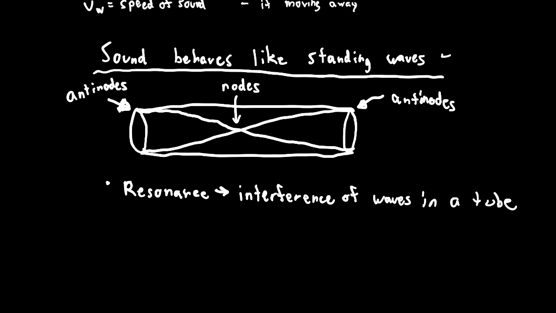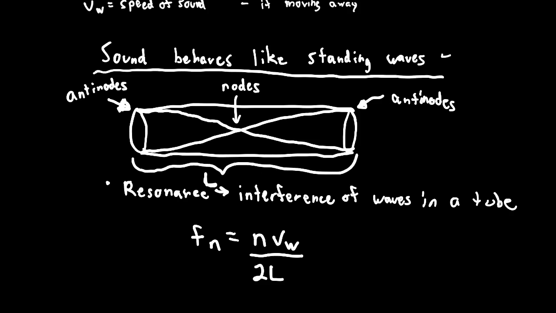We can calculate how many waves we can fit inside of this to get a frequency, and it turns out that the frequency inside of a pipe, f sub n, is equal to n times the velocity of the air inside of the pipe divided by 2 times L, where L is however long your pipe is. So I can use this to calculate frequencies that will happen inside of a pipe.